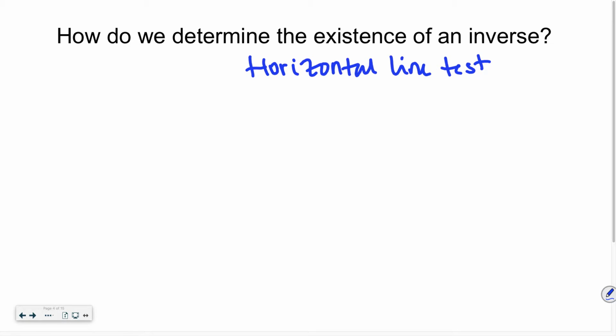Okay, does this function have an inverse? No. It fails the horizontal line test. If we were to reflect that, it would not be a function. If we were to actually graph its inverse, which it doesn't have, it would not be a function, and so it's not going to work. What about something that looks like this?